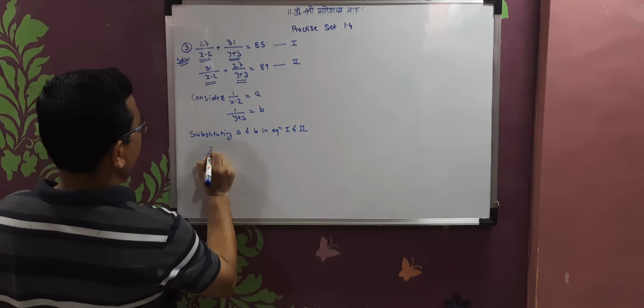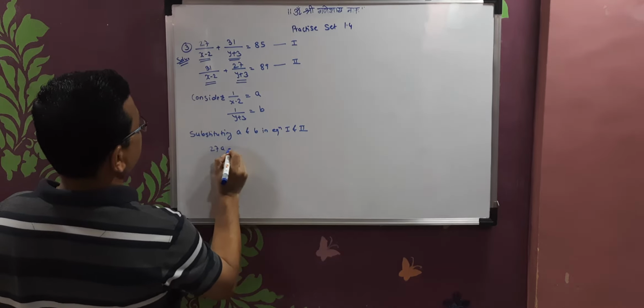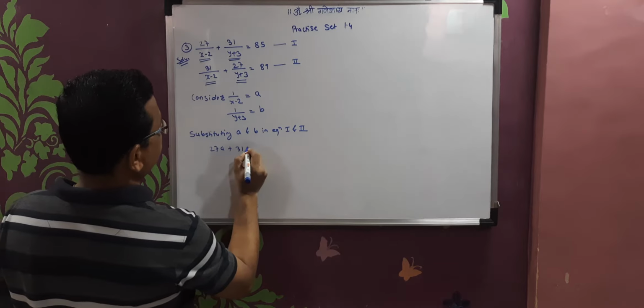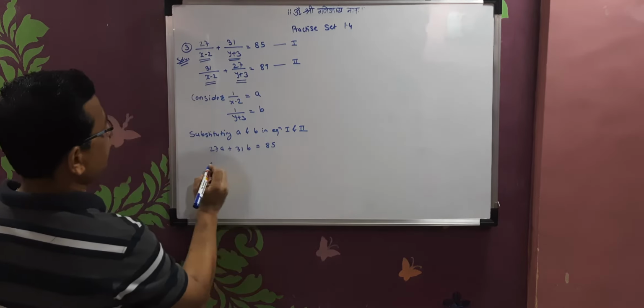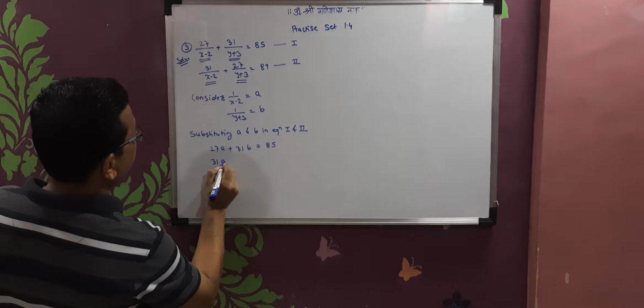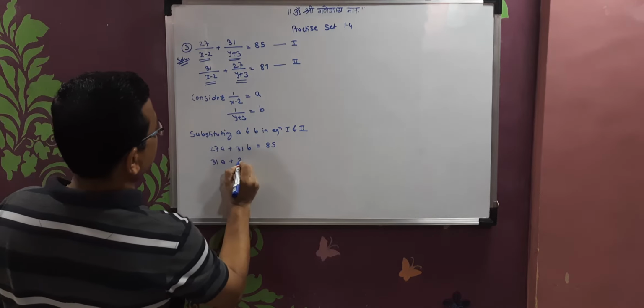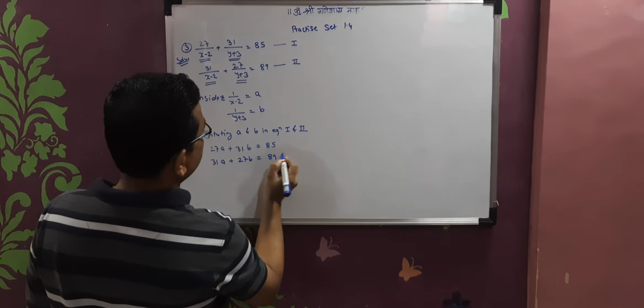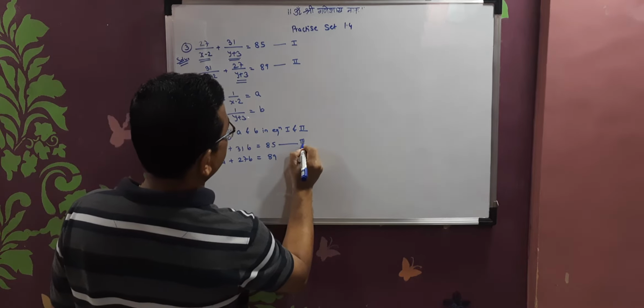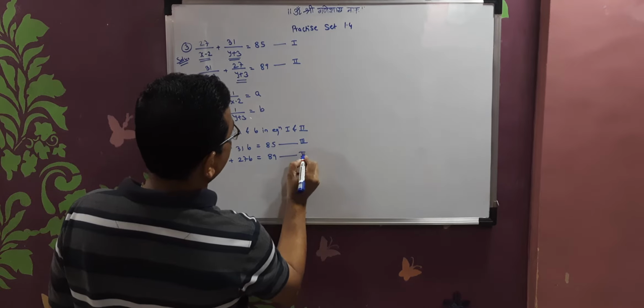This will become 27a plus 31b is equal to 85, and the second equation will become 31a plus 27b is equal to 89. This is equation number 3 and this is equation number 4.